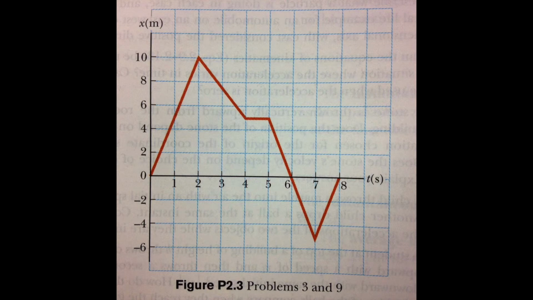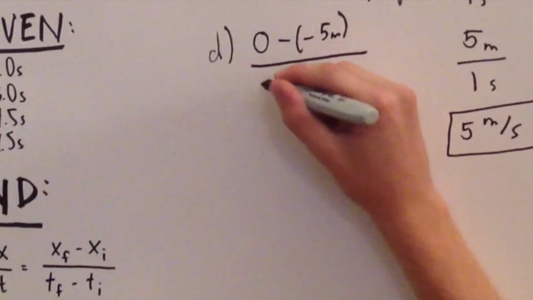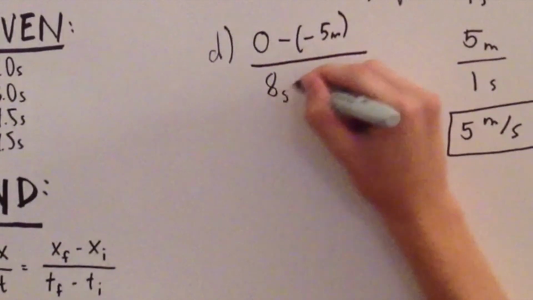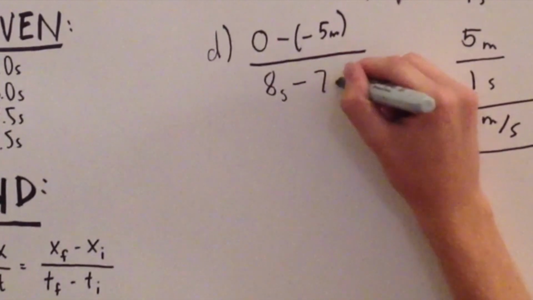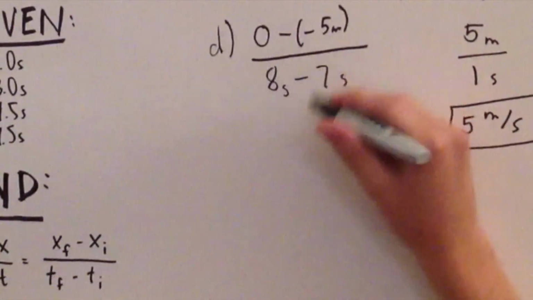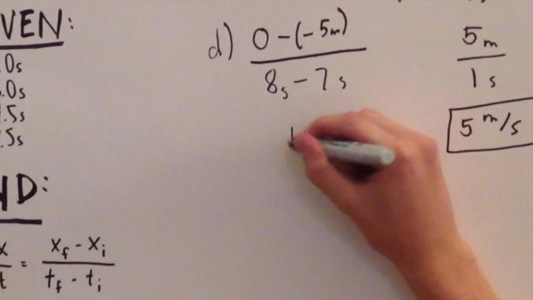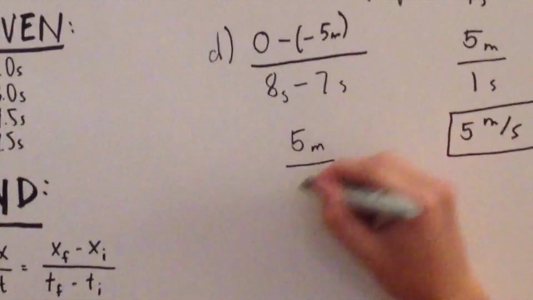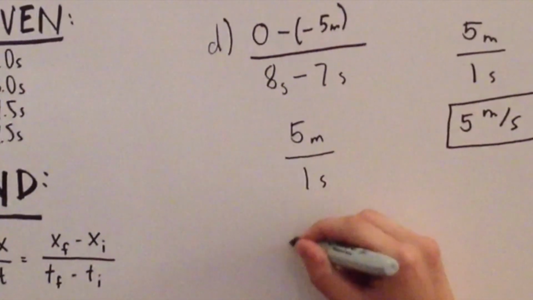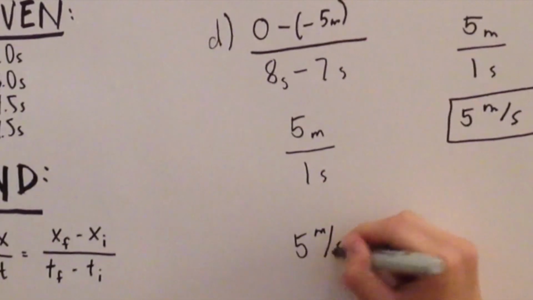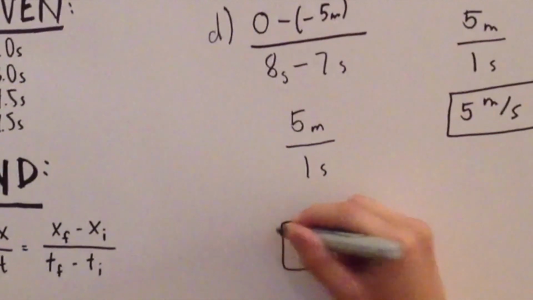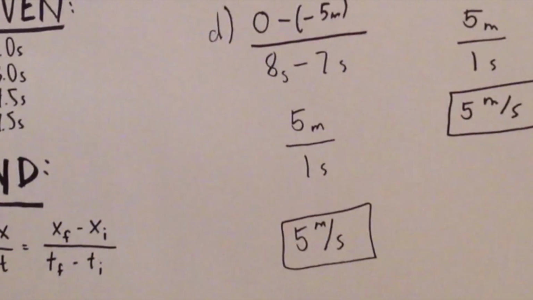We can also see that the time starts at 7 seconds and ends at 8 seconds. We see that it becomes 5 meters over 1 second, or 5 meters a second. That is the instantaneous velocity at 7.5 seconds.